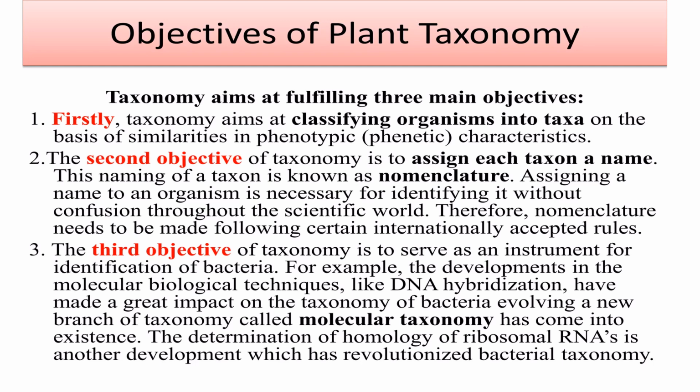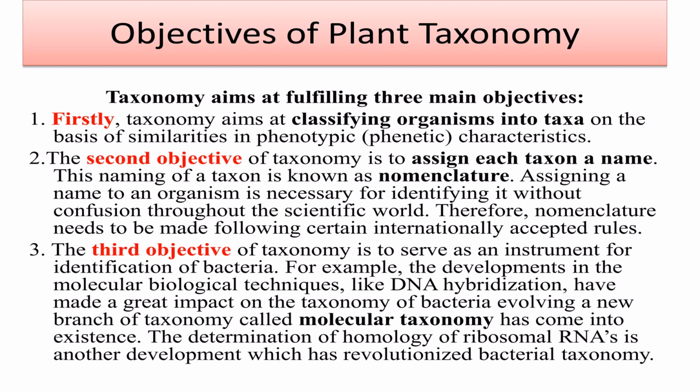So the third objective is to serve as an instrument for identification of bacteria, that is, microorganisms, based on molecular taxonomy. Here, the taxonomy of plants basically uses phenotypic characters. Unless you need to identify or bring out close relatedness between plants and go for molecular taxonomy, otherwise with the phenotypic characters, angiosperm plants can be very well classified.